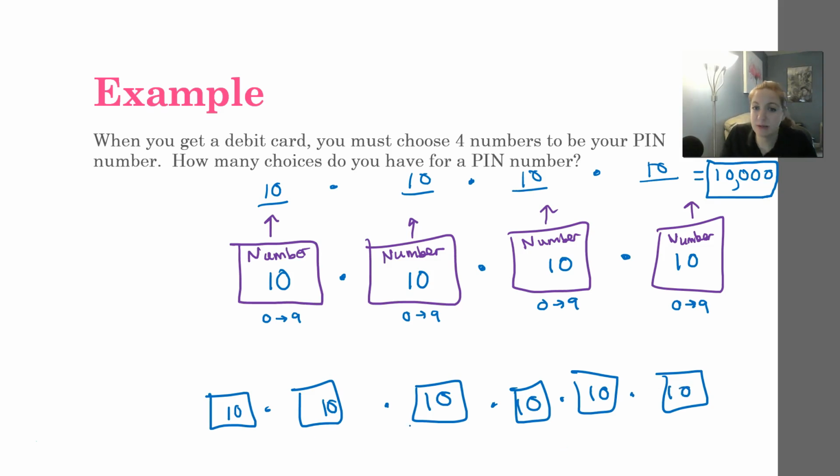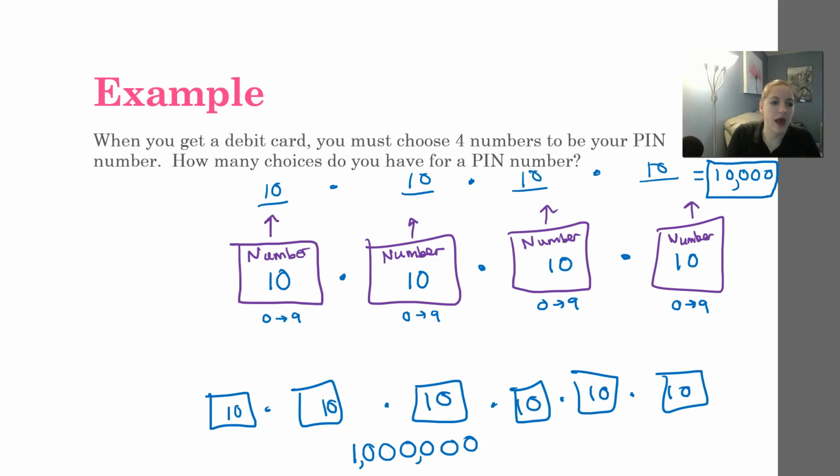That would be 10 times 10 times 10 times 10 times 10 times 10, which would be 1, 2, 3, 4, 5, 6. 1 million different outcomes if you had 6. That is crazy. That would be even tougher to break and would take the computer even longer to break the code.